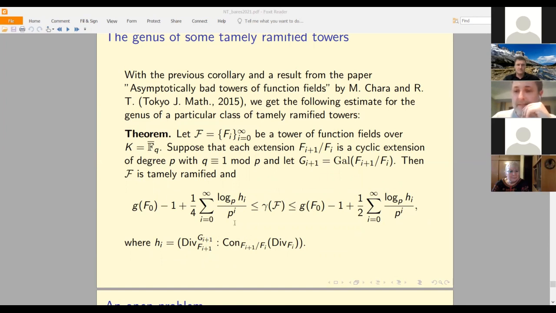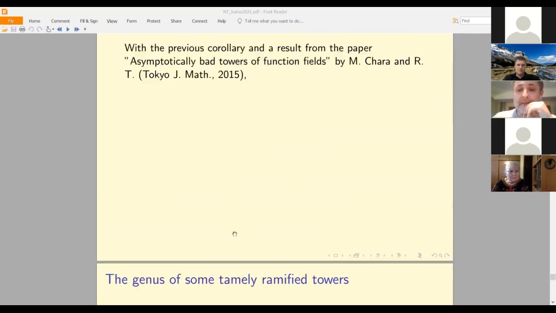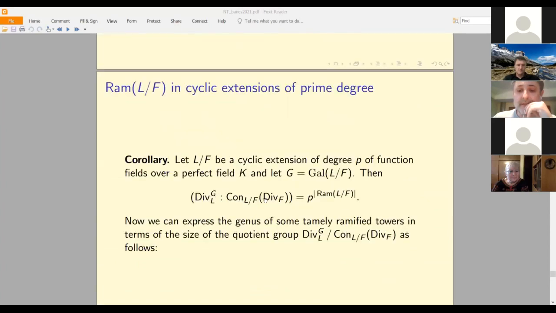So this is just replacing in the original formula. Here we have the size of the ramification set of F_i to F_{i+1}. But now we have this new interpretation of this ramification set in terms of the index. Maybe I don't know yet what to do with this index. We have to compute it in another way.